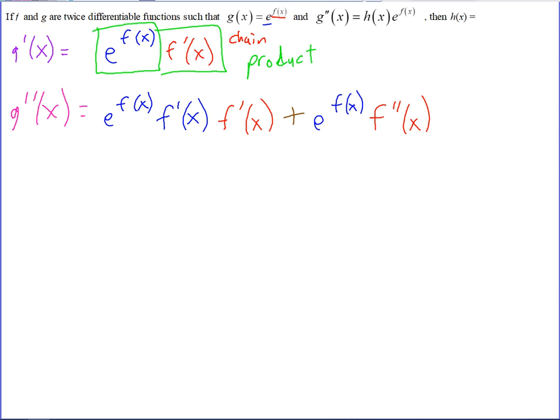Okay. So then we've got a GCF. We want to figure out what h of x is. And notice we've got e to the f of x here times it. So, okay, so now what we can do, notice, is factor out. There's a GCF. They both have e to the f of x here.